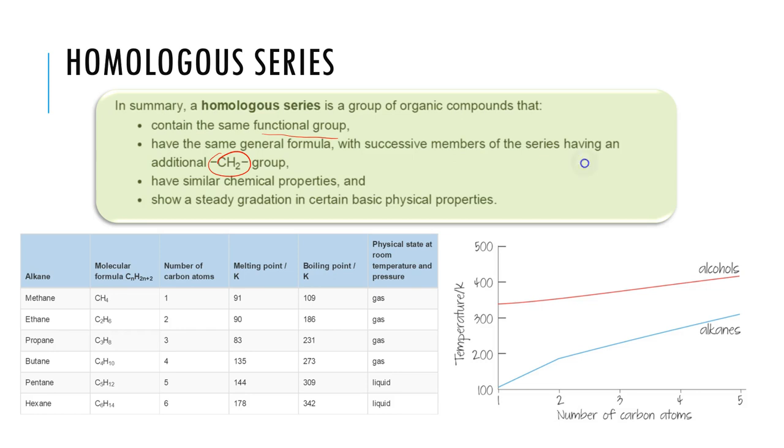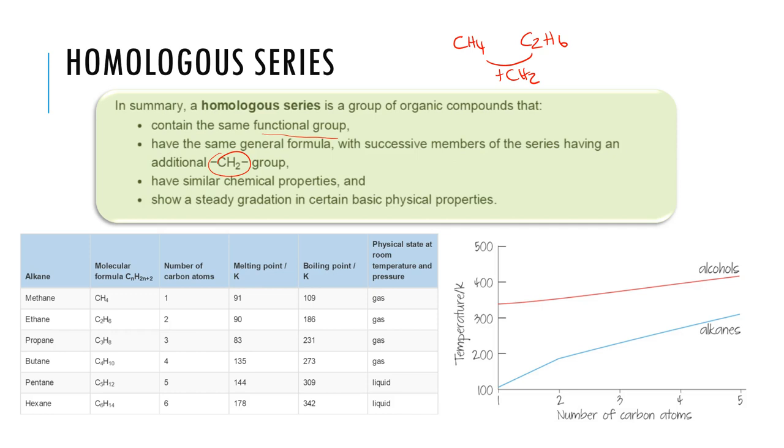So one way to think about this is if I look at CH4, the next one in the series for methane is C2H6, and you can see here that we've added a CH2. We've gone up by 1 carbon and 2 hydrogens from one member to the next. So that's what we mean by having an additional CH2 group.